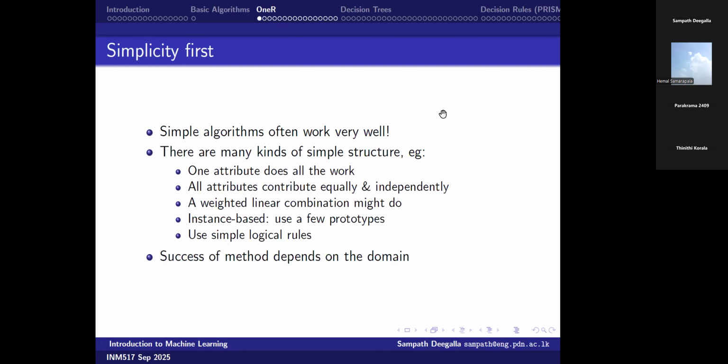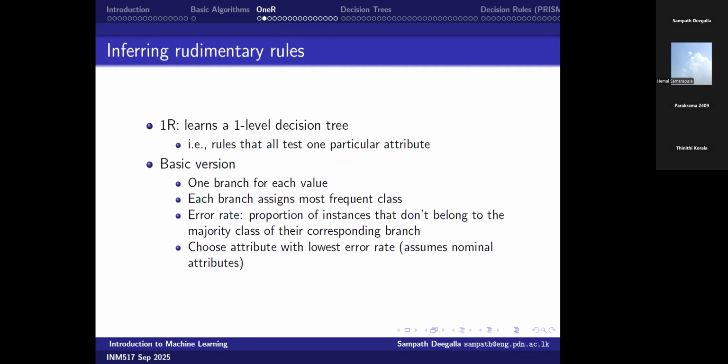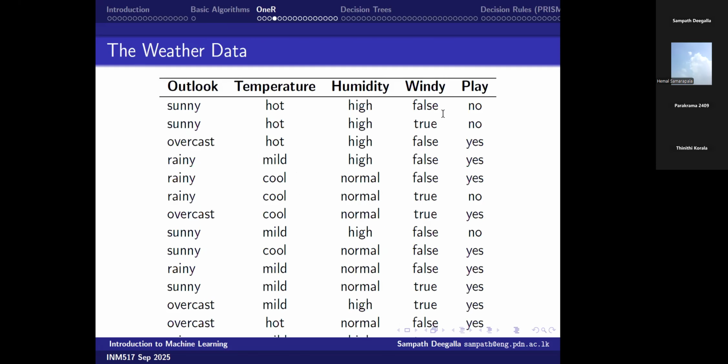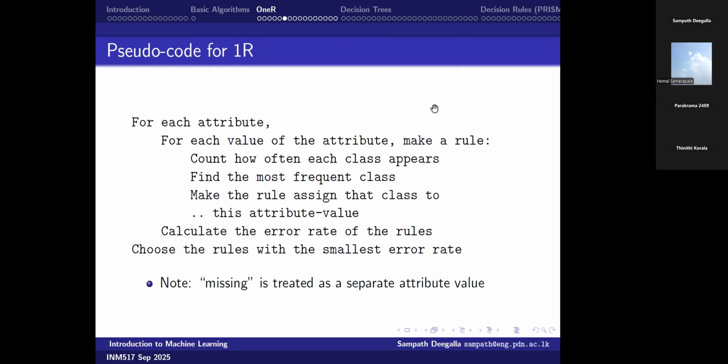With the 1R, what we discussed is generating what we call a single level decision tree. The main assumption is that just one attribute is enough to make a decision. So therefore, what we do is we go through each and every attribute at a time. So that's what we have done with the 1R.